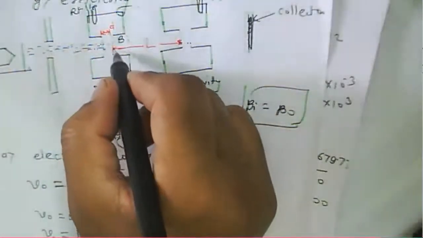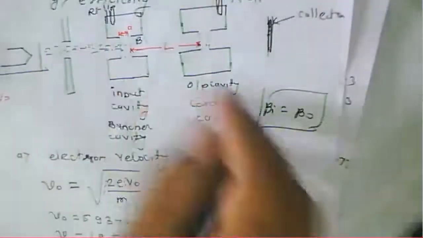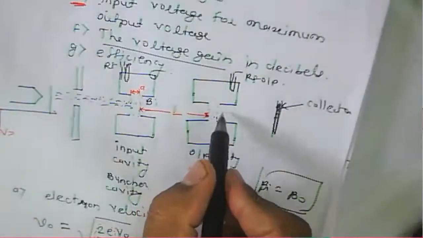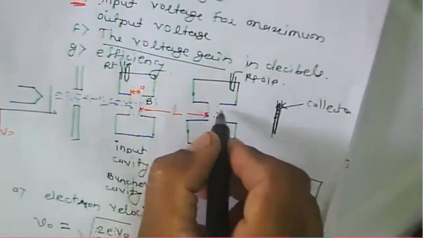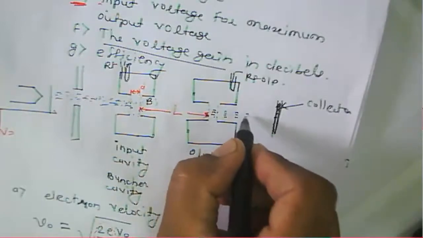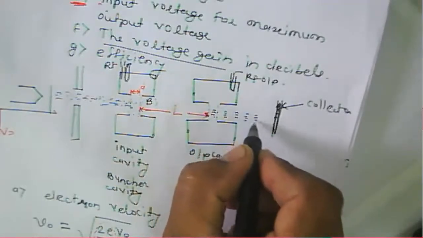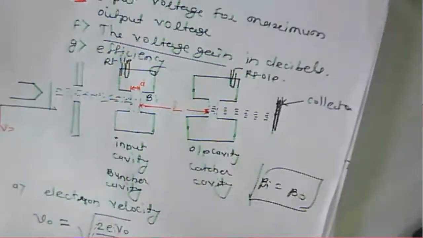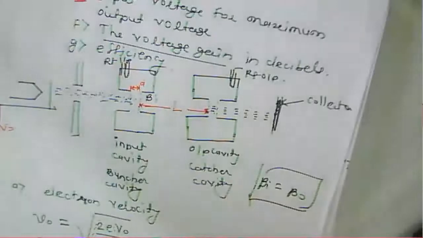RF interaction takes place in this particular region. When the bunches reach the output cavity, they release their energy. Then slowly the bunches reach the collector, and at the end they are collected at the collector. That is your two cavity klystron.